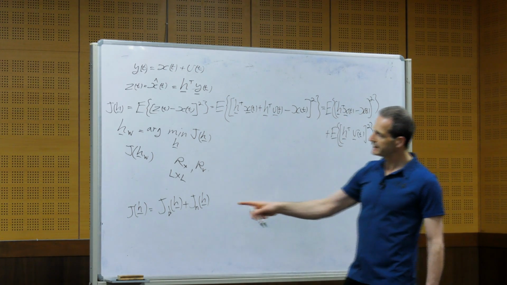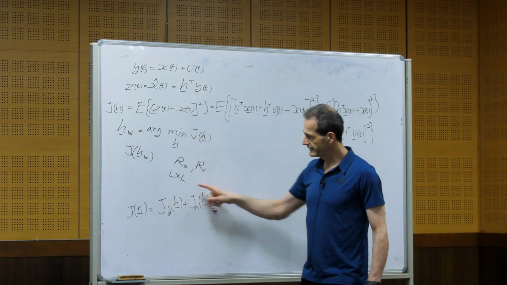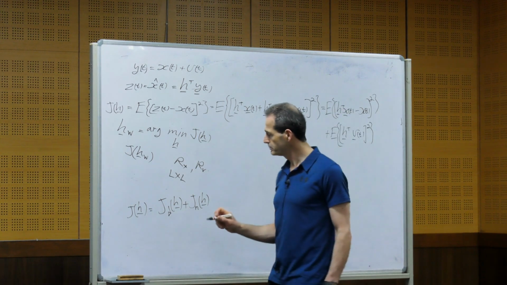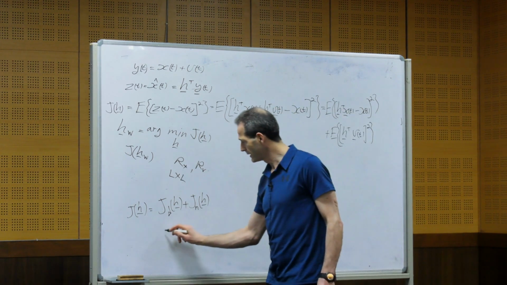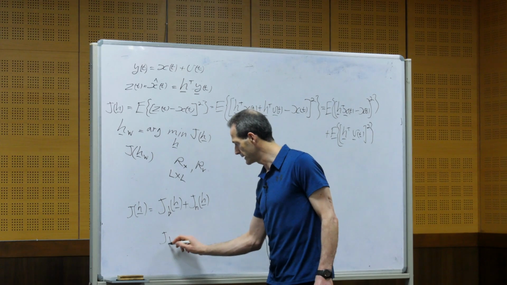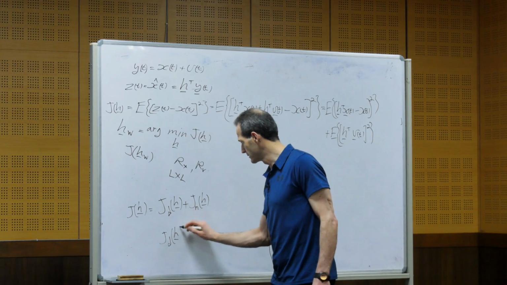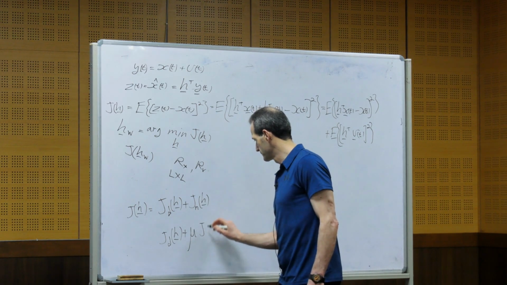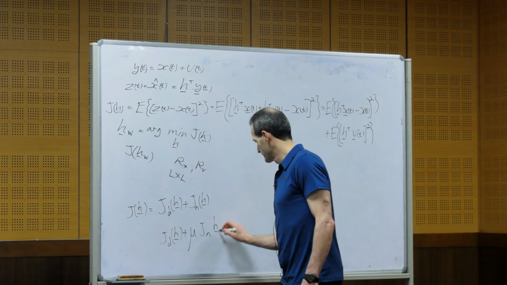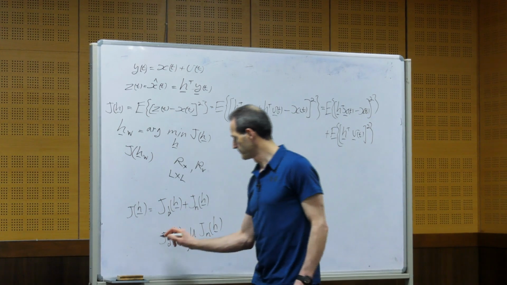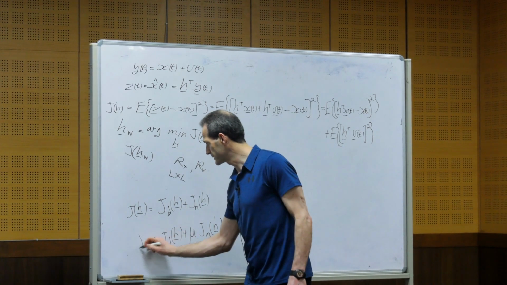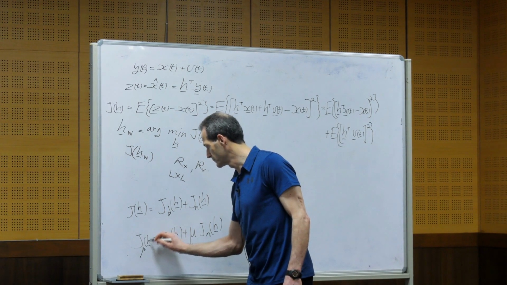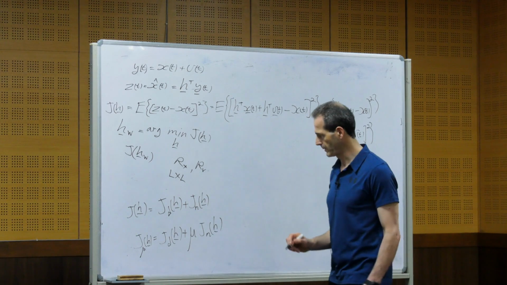So instead of minimizing this sum, the mean squared error, we can try to minimize a summation like this. And we will call it, for example, J_mu(h). Okay, so we have a parameter mu.